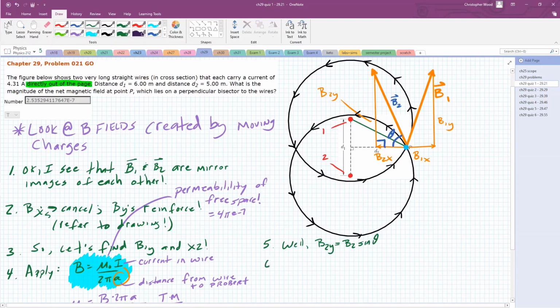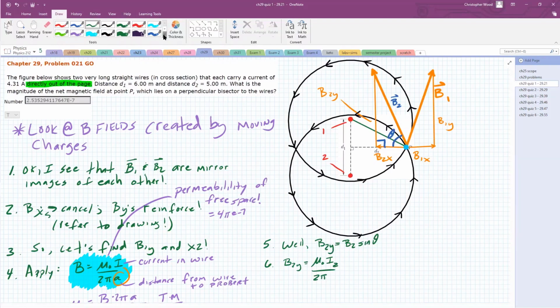Okay, so then number 6, B2y, get that number, double it, equals B2. Well, here's B2, mu naught I, and just so we're airtight, I need a subscript there. B2 is the magnetic field created by the current flowing through wire 2. So I'm going to give that a subscript 2, all over 2 pi times the distance between probert and wire 2.